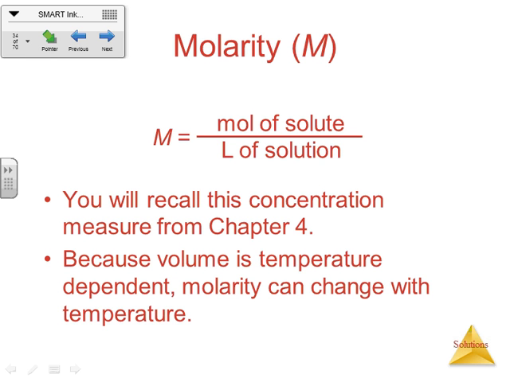The reason for that is because volume is a little bit temperature dependent, right? We're not going to change the volume of a liquid a whole lot when we change the temperature, but we will change it a little bit. If you heat something up too much, you change the concentration because the volume of the solution is going to be a little bit higher than it was before.